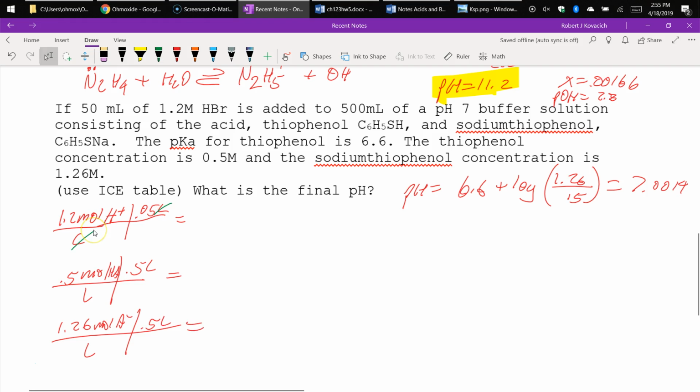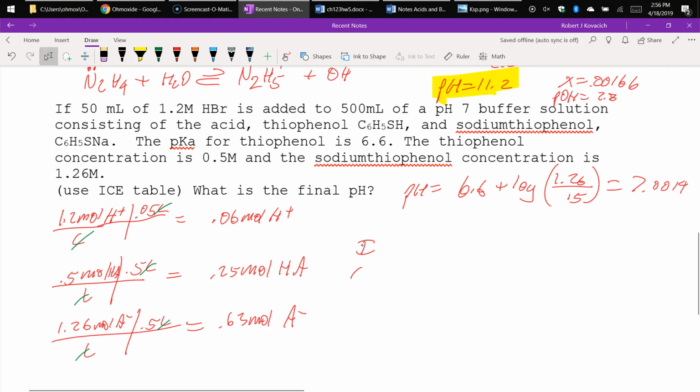So my liters cancel. I end up with 0.06 moles of hydrogen, 0.25 moles of my weak acid, and 0.63 moles of my anion.